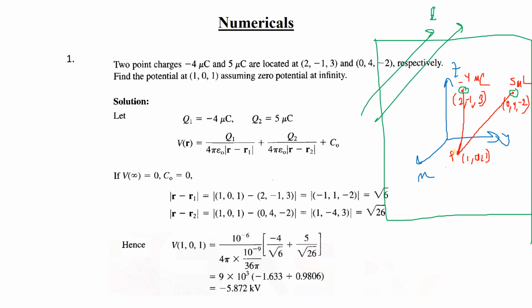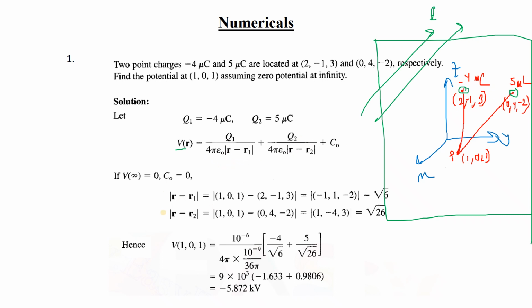One is a positive charge, one is a negative charge. So the potential V will be the summation of the potentials because of charge 1 and charge 2 at point P.